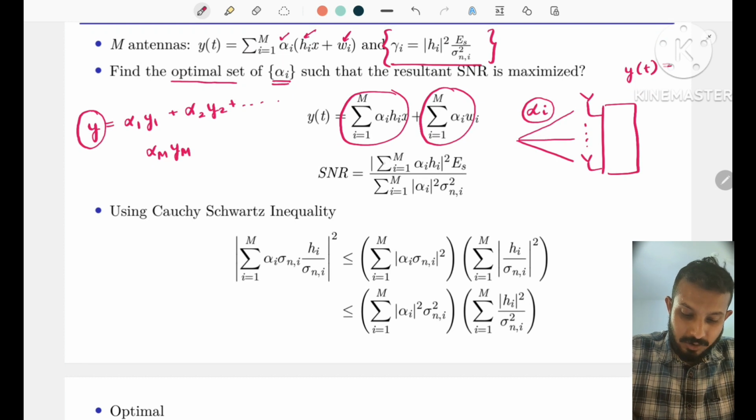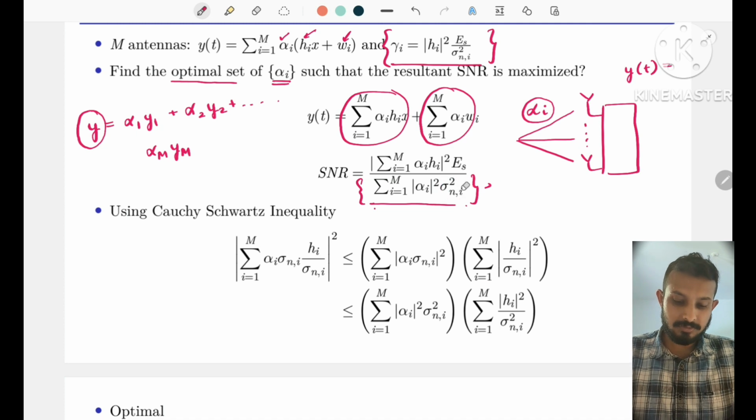SNR is norm square of summation i equal to 1 to M alpha i hi corresponding to the signal term, and then at the denominator we have the term corresponding to the noise with sigma n square i, that is the noise variance corresponding to the ith branch.